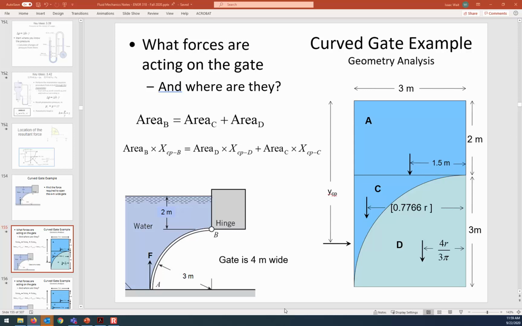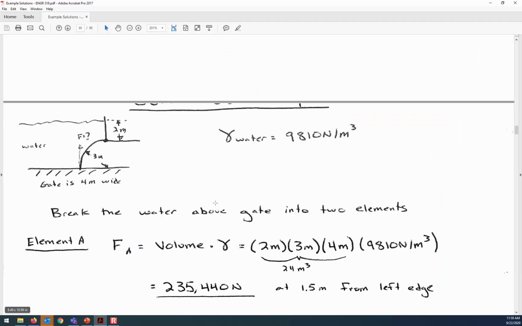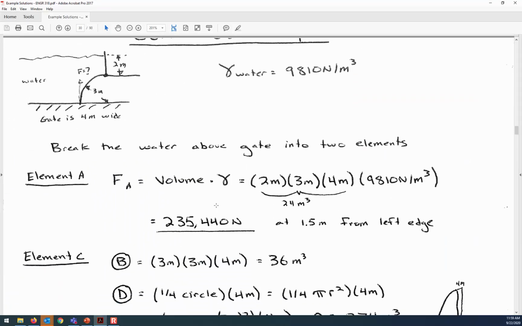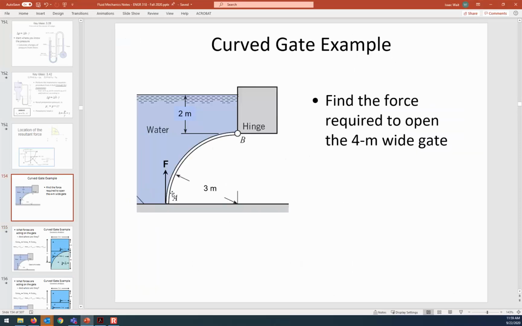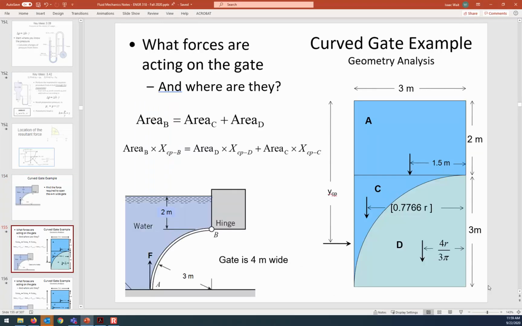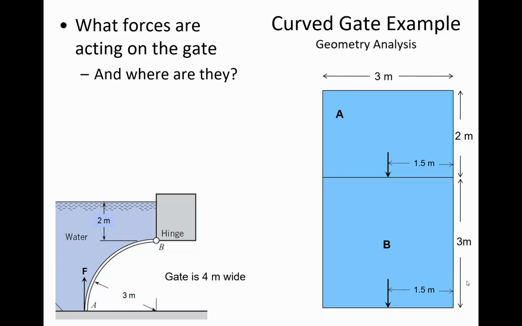Let me show you the solution for that part. Okay, so I'm dividing what I previously was calling... let me just do the animation here. All right, so object B is 3 by 3, right? So it's 3 meters tall, 3 meters wide. I split it up into its two constituent pieces.